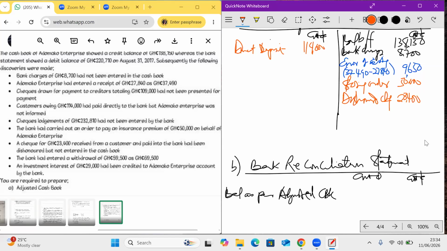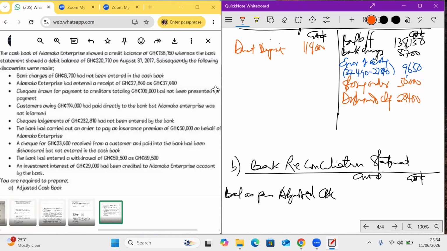Who handles the bank statements? The bank. Who handles the cash book? Adomako. So if they say the bank had entered a withdrawal of 59,500 as 69,500, which of the two books has the issue? The bank statement. So it means we are going to correct it in the BRS, not the cash book. The cash book doesn't have any problem.